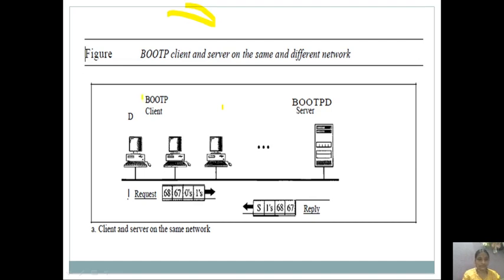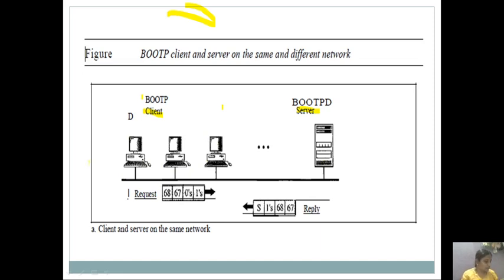Here the Bootstrap client is there and the server is here. There are many machines having MAC addresses.